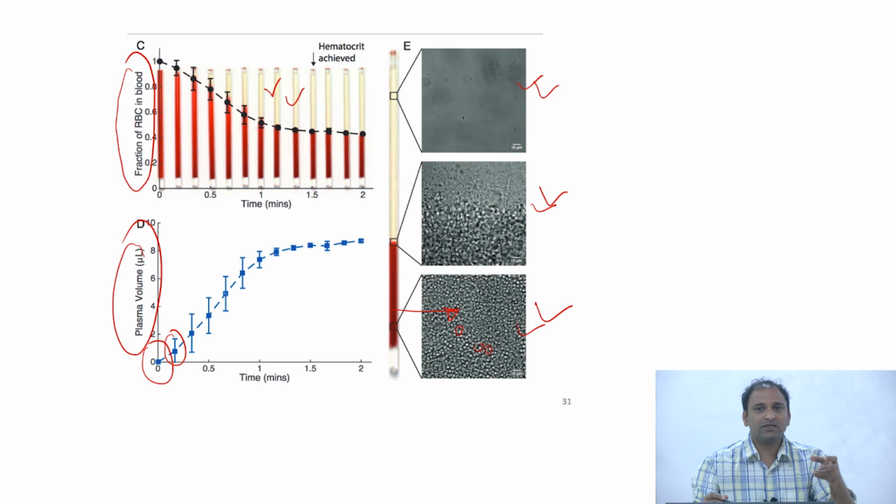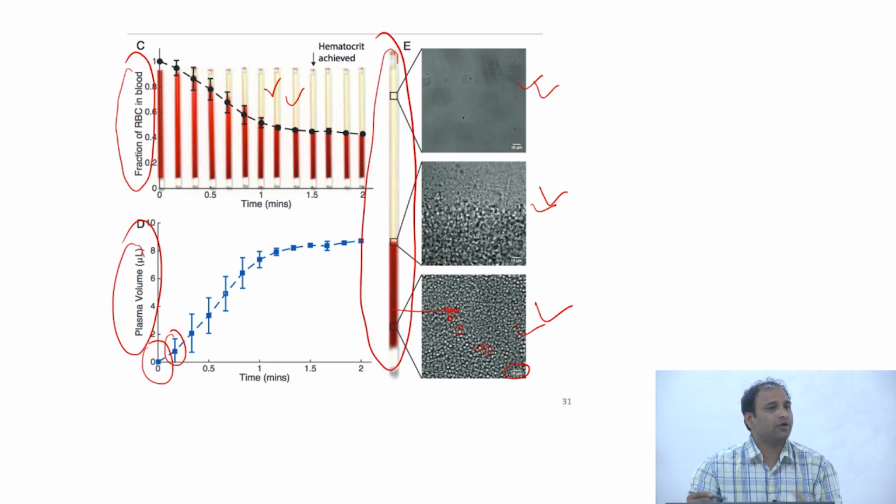These are basically RBCs, red blood cells, which have a typical dimension of about 8 micrometers. The scale bar here is about 10 micrometers, so the objects you see are sub 10 micrometer dimension. This is just to say that the visual observation is confirmed by the microscopy measurement. That's all.